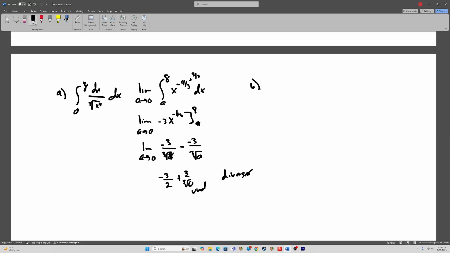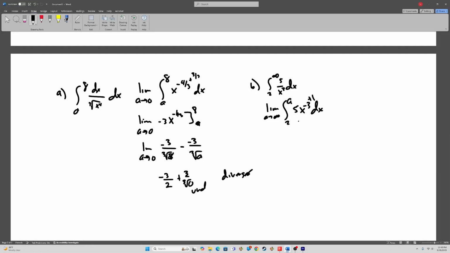Let's go with letter B. Integral from 2 to infinity of 5 over x to the third dx. Yeah, it is. So now we have the limit as a approaches infinity of the integral from 2 to a of 5x to the -3rd dx.